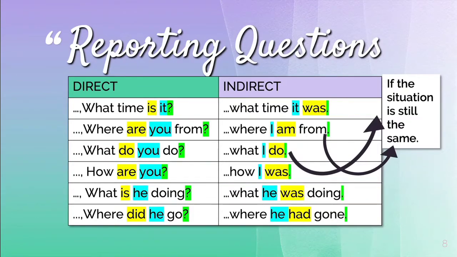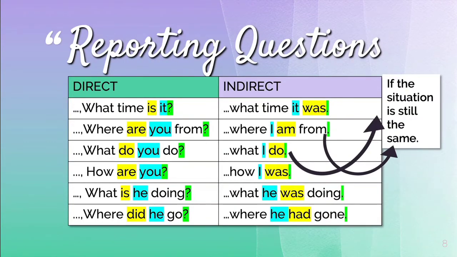So how about the fourth example? "How are you?" Now, the indirect sentence will be "how I was." Here we need to change because maybe the situation changed. So that's why we change it into the past tense. Now let's take a look at the next example. "What is he doing?" becomes "what he was doing."